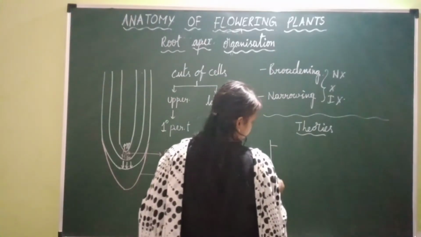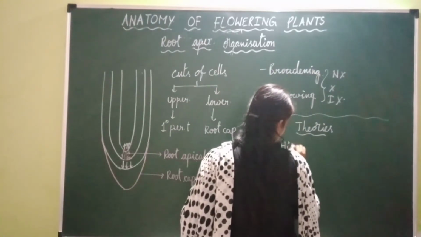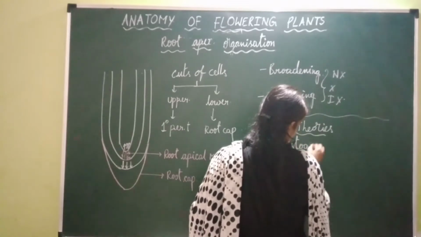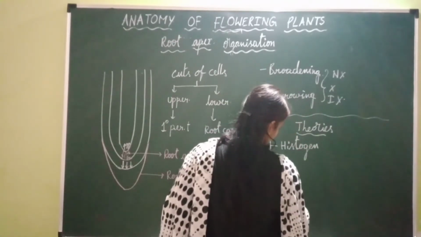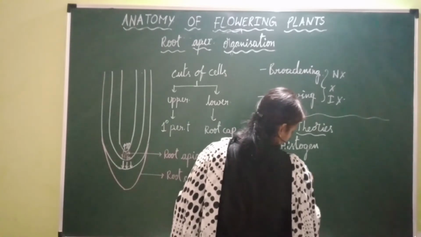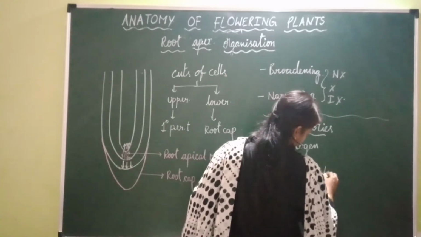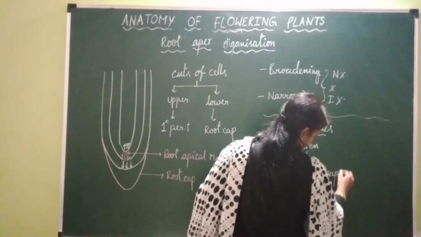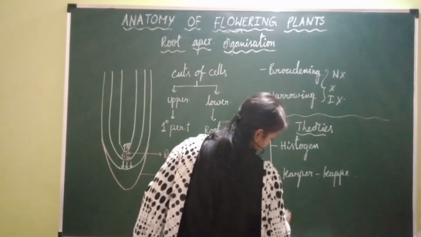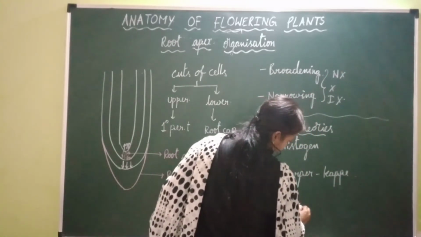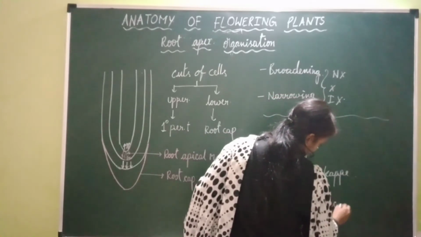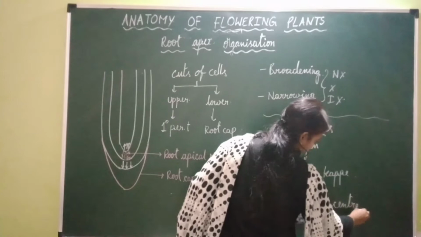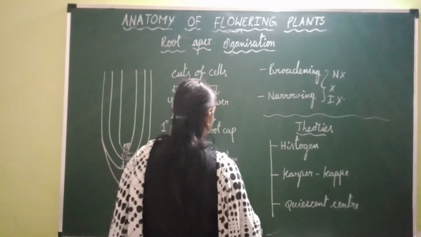These are histogen theory, Carper-Cape theory and Wiesendt-Center theory. Right, now let's study all these theories one by one.